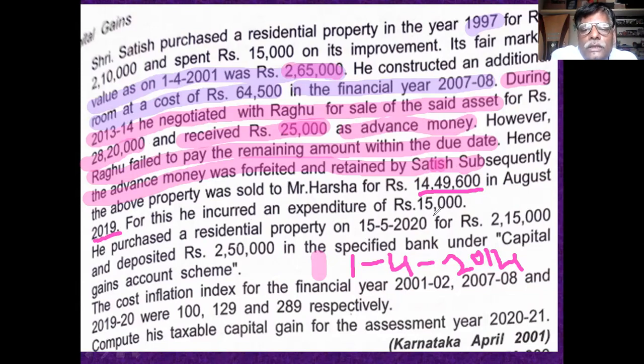Selling expense is 15,000. And next, he purchased a new residential house for 2,15,000. Deposit 2,50,000. This is the information.